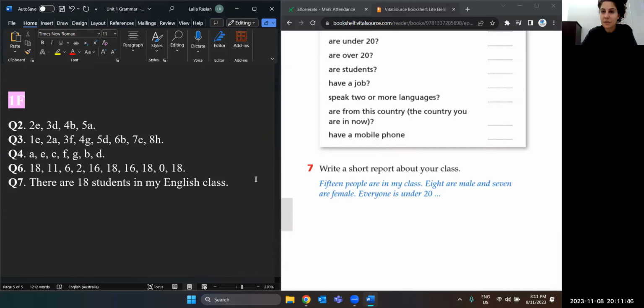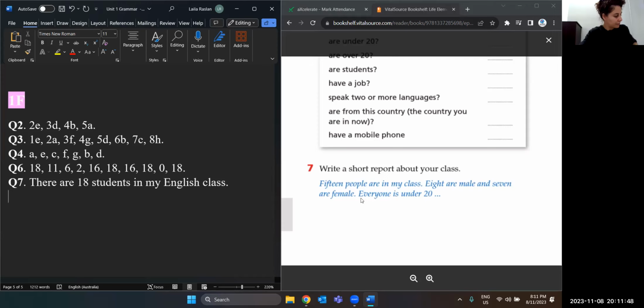There are more males than, because I'm comparing, females. So that's a good sentence for question 2 and 3 about how many are male and how many are female. So I made it into one sentence. There are more males than females.